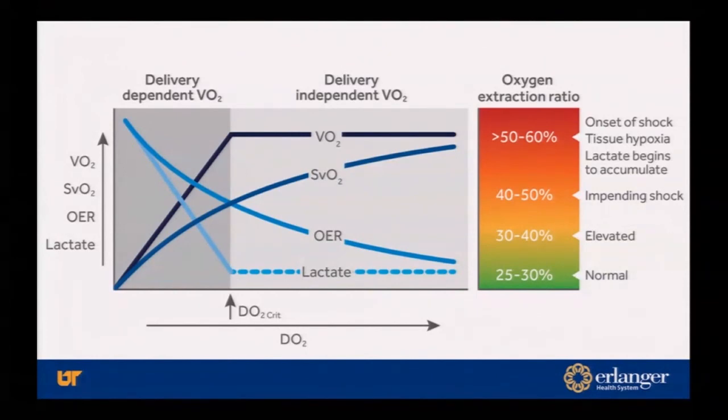As the body extracts more oxygen, that is reflected by the CVO2 beginning to go down. Once that CVO2 goes down, at this gray interface over here, it hits that anaerobic threshold and the lactate begins to generate. Questions about this? Is this clear as mud?